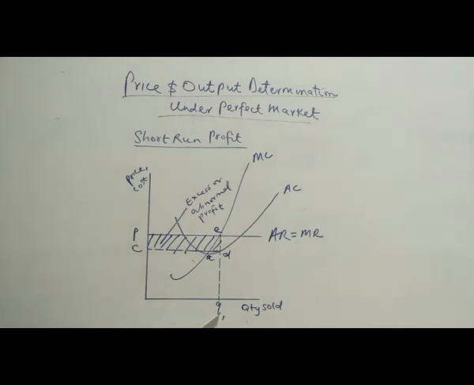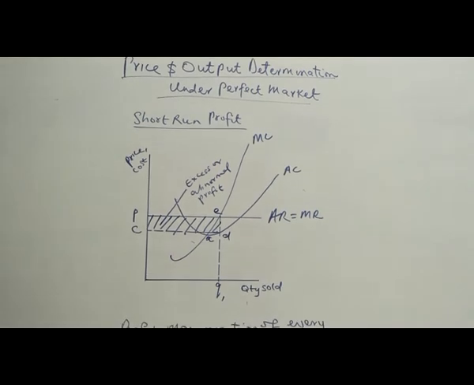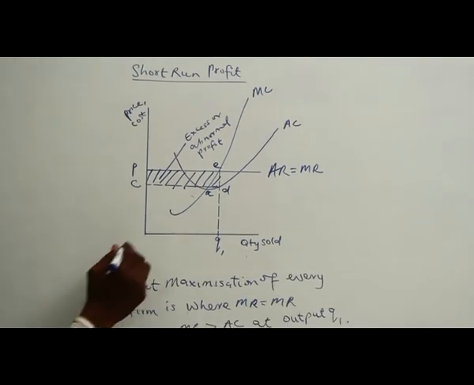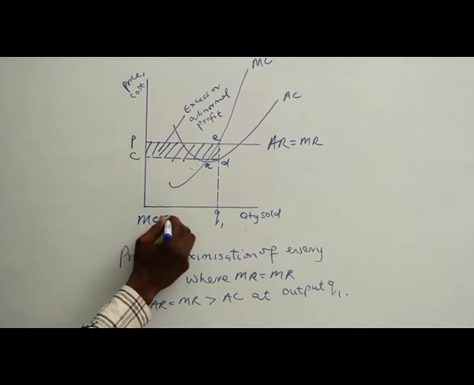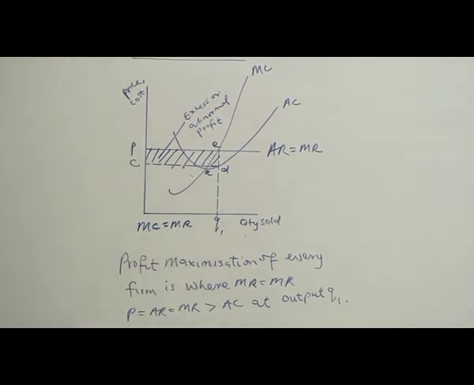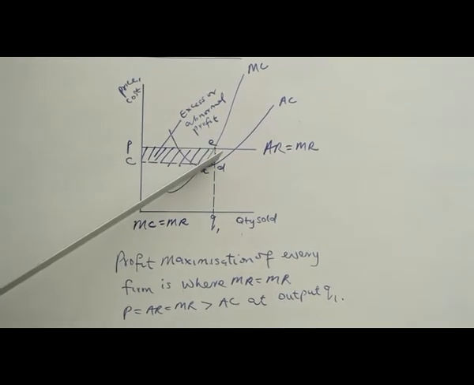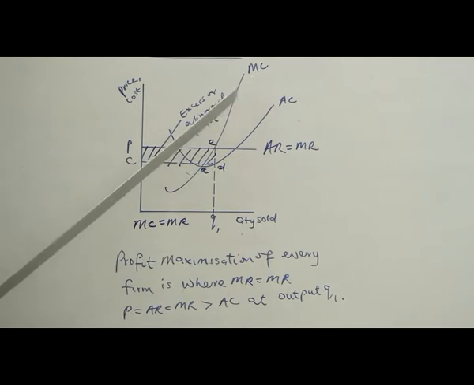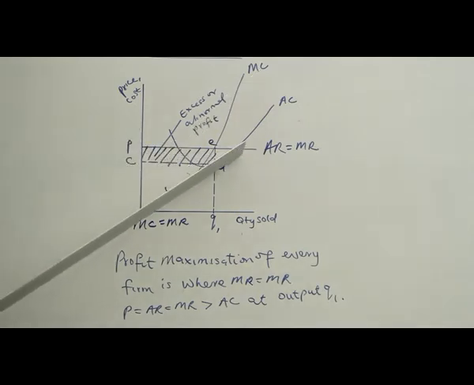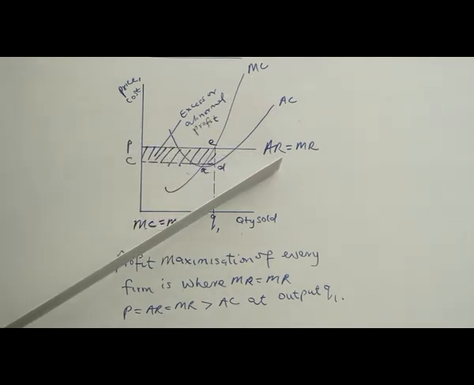PEDC at Q1. So what we are trying to understand now is that for a firm to make profits, they must first of all attain what we call the profit maximization point, where MC equals MR, and we have indicated that with point E. That is, MC of the firm is going up like this, and MR of the firm is horizontal.